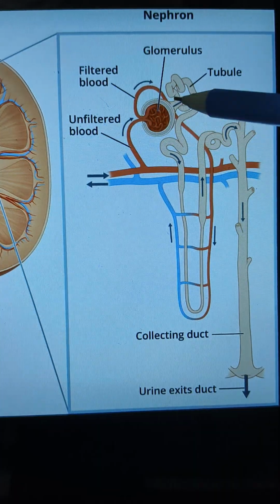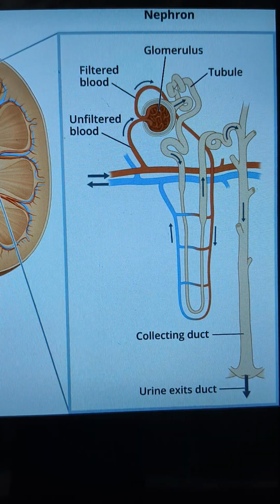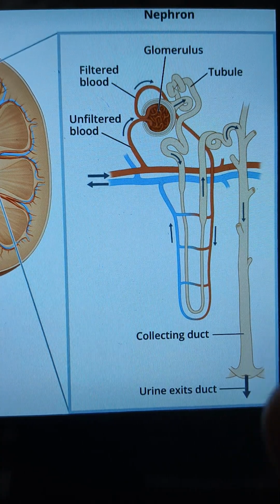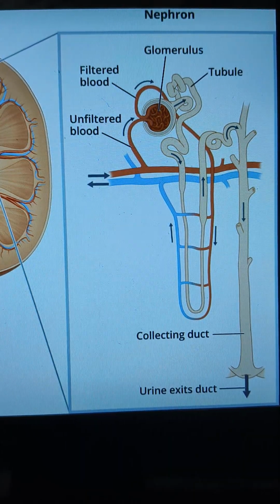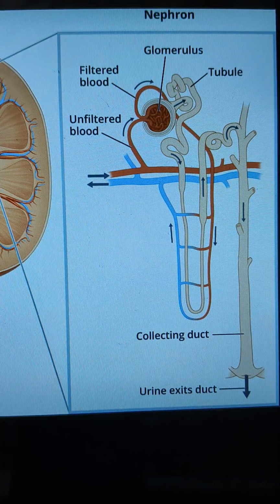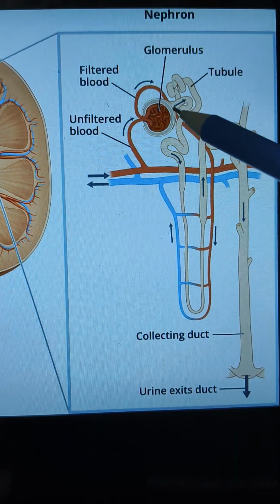Bowman's capsule is a strainer-like structure, meaning that you may strain the tea from a strainer, and the tea particles are stuck in the strainer and the liquid is strained into the glass. It functions like that.